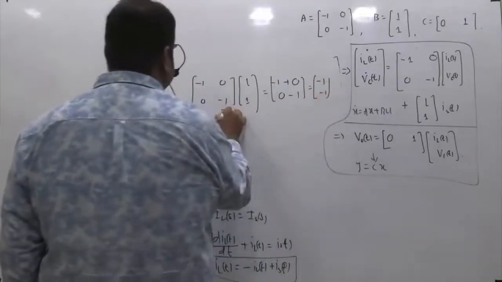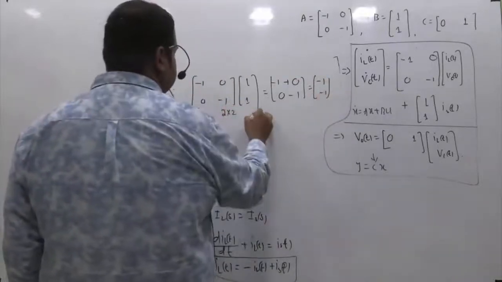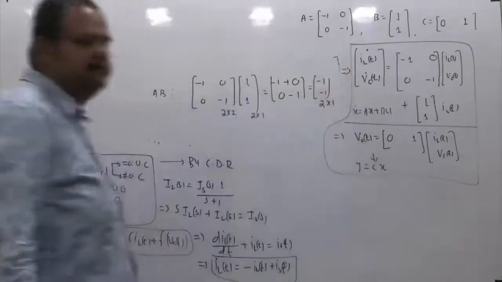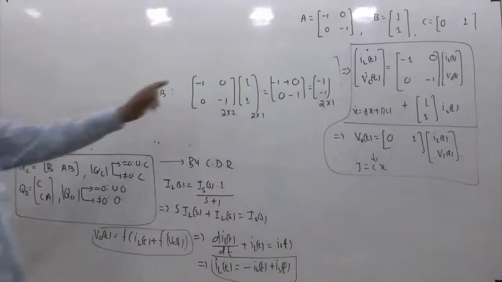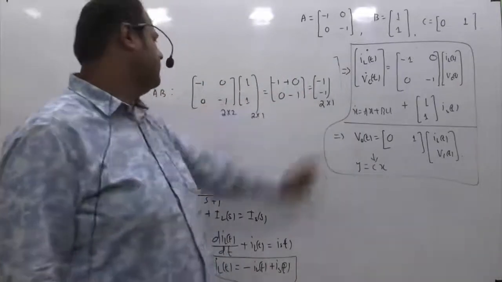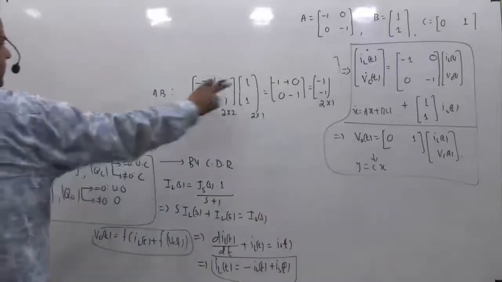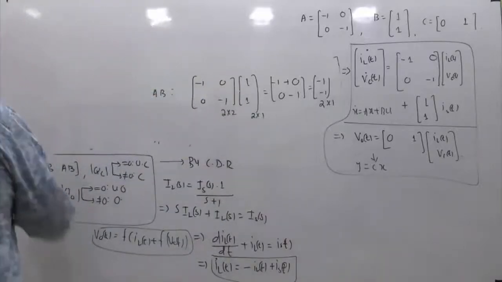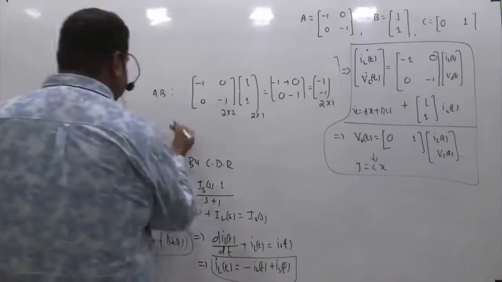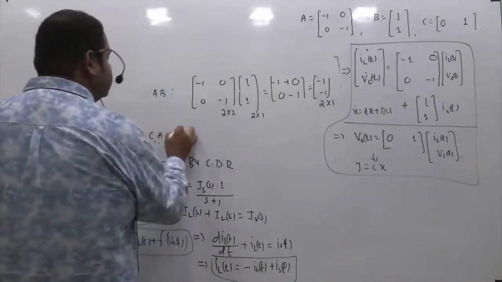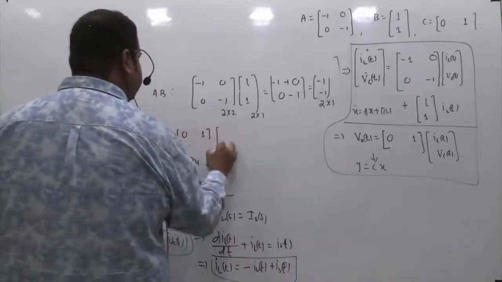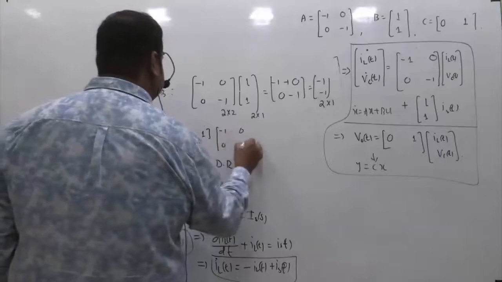As expected, if this is a 2 cross 2 matrix and this is a 2 cross 1 matrix, the product should be a 2 cross 1 matrix, 2 rows, 1 column. Minus 1 into 1 is minus 1, and again here minus 1 into 1 is minus 1. So we are getting the AB matrix, which is minus 1 and minus 1. Next thing I need is the CA matrix. C we got is 0 and 1, and A is minus 1, 0, 0, minus 1.